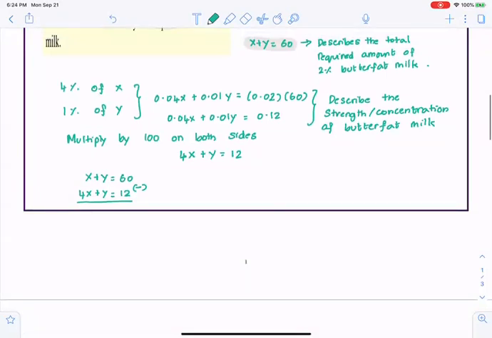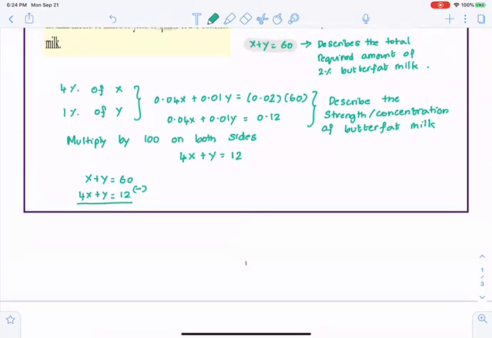Eliminating y, let me check this. 2 over 10 times 60. This is actually 1.2. Still doesn't help.